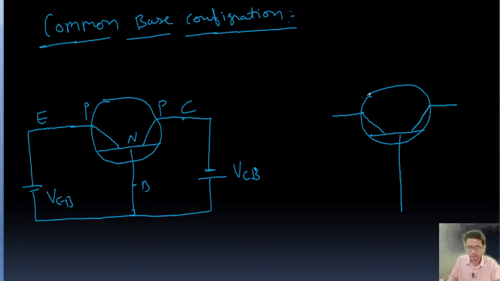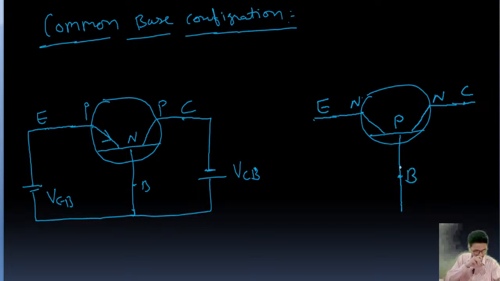Base is common. So this is N, this is N, and this is P, an NPN. Here the direction will be P to N, right? This is the direction. So this is the emitter, this is the collector, and this is the base.